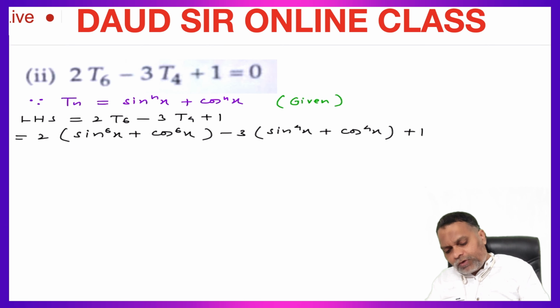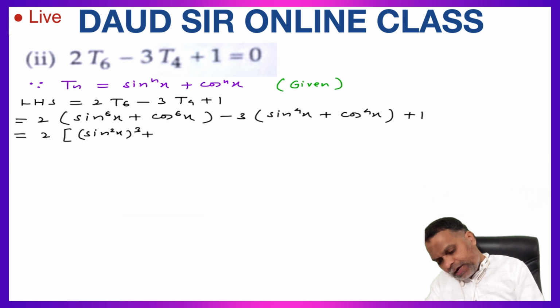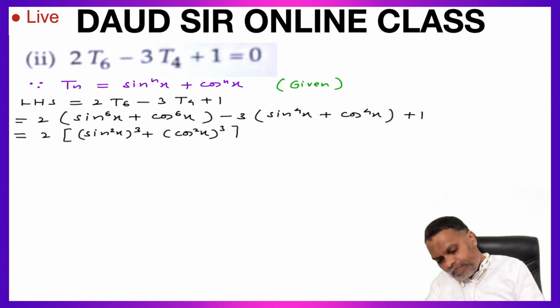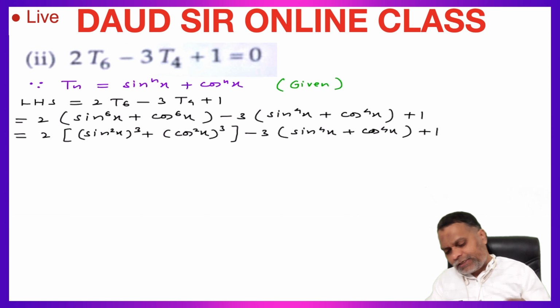Now we have to simplify both the brackets, which is equal to 2 times sin square x whole cube plus cos square x whole cube, minus 3 into sin raised to the power 4x plus cos raised to the power 4x, plus 1 as it is.